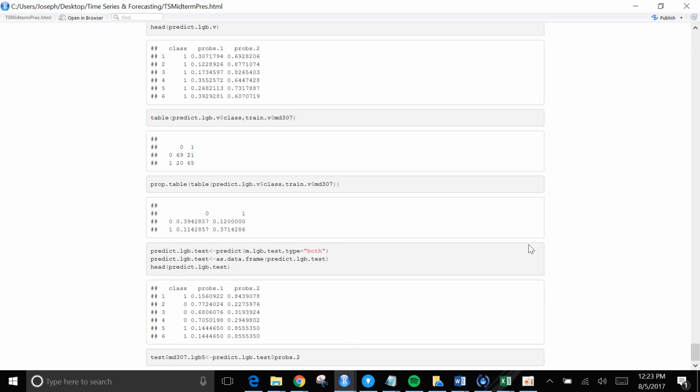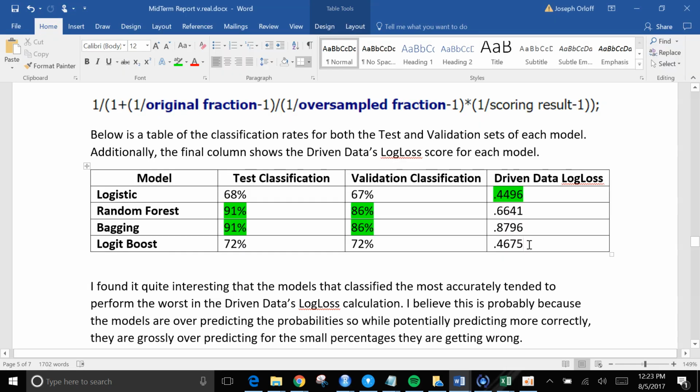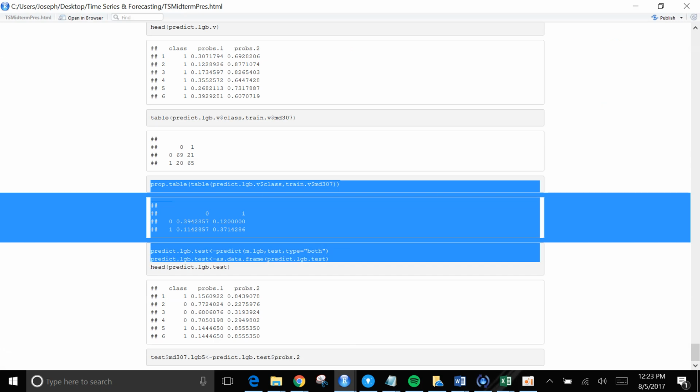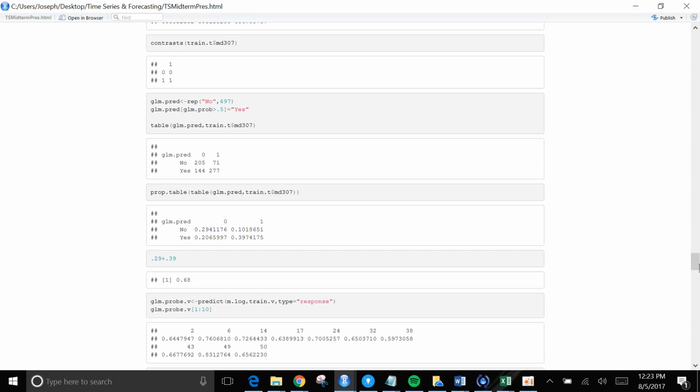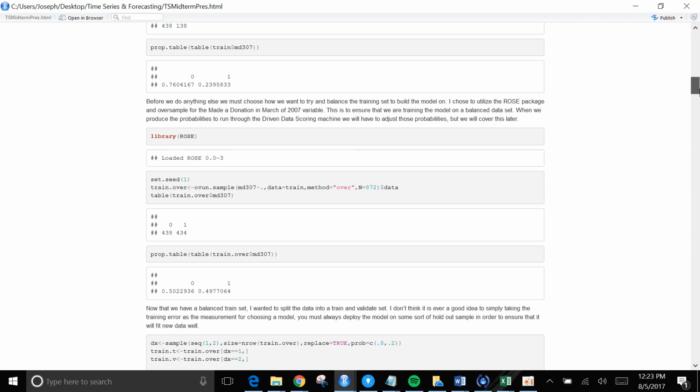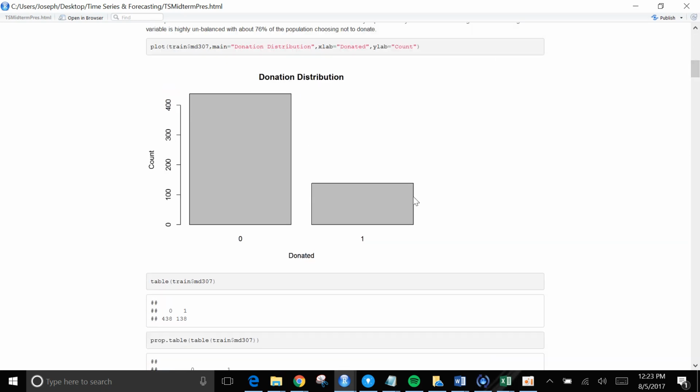The next thing I would like to run over is how I got these Driven Data log loss function scores. As I talked about earlier, I did have to rebalance the data set because the scoring algorithm wouldn't have performed optimally with such an unbalanced data set.